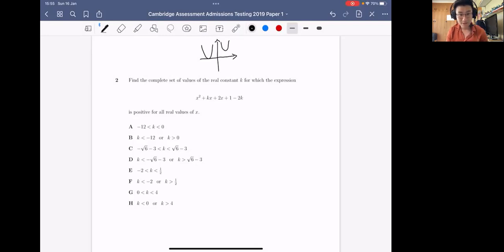And that should mean that the quadratic here has discriminant less than or equal to 0.